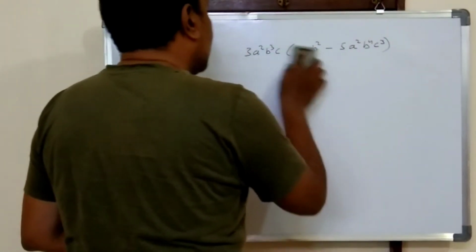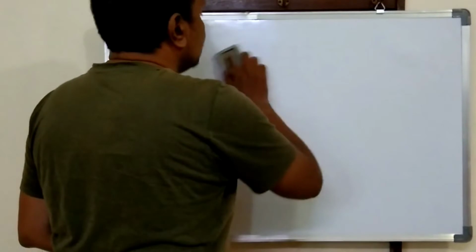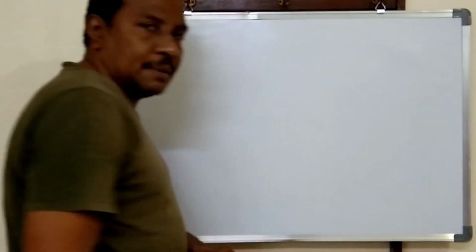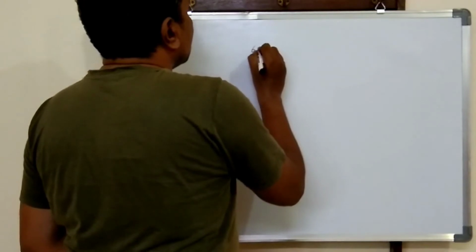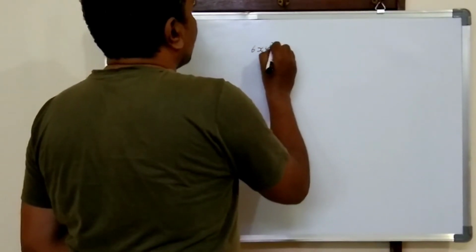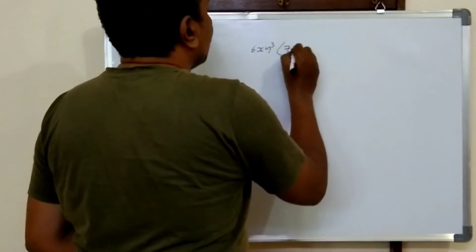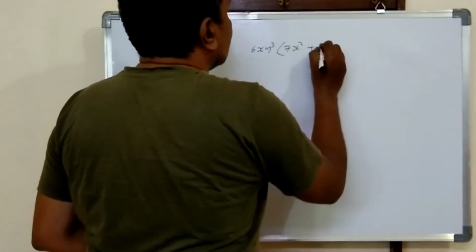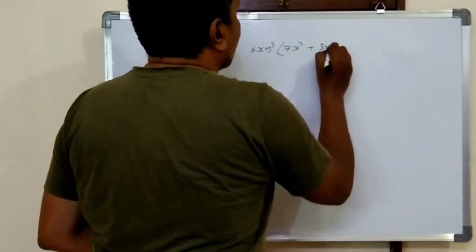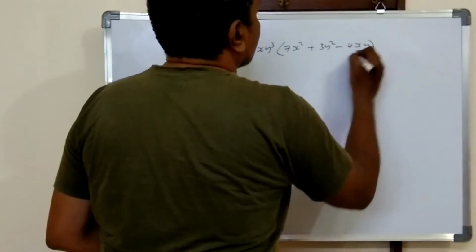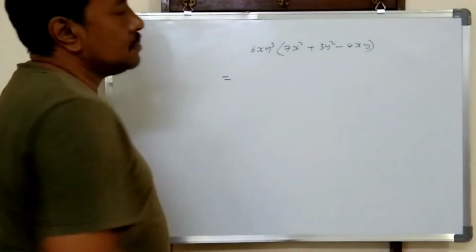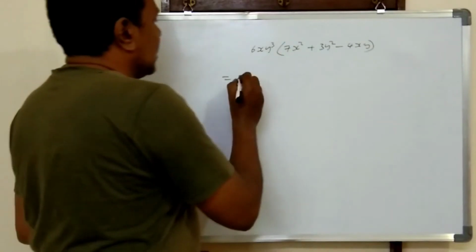Next, a monomial with a trinomial. The same distributive property we use. 6xy cube into 7x square plus 3y square minus 4xy. Same as before.